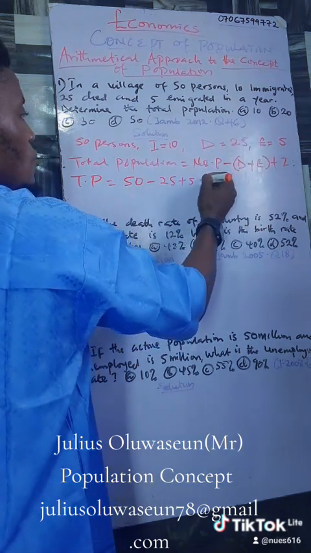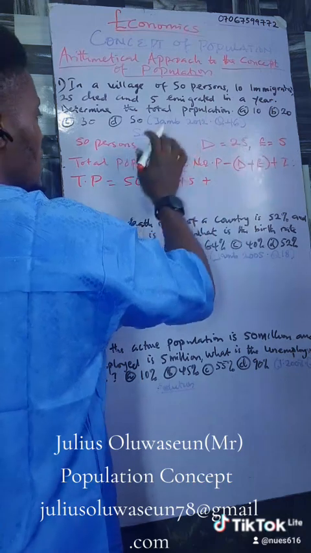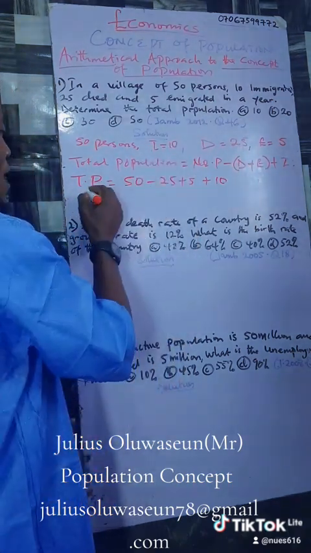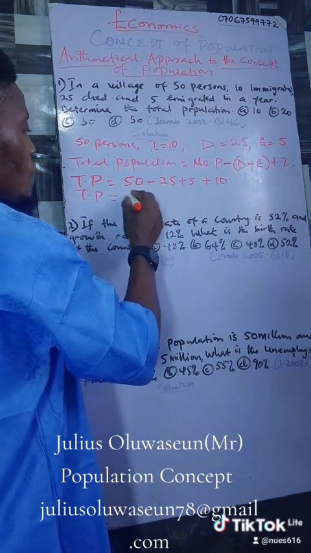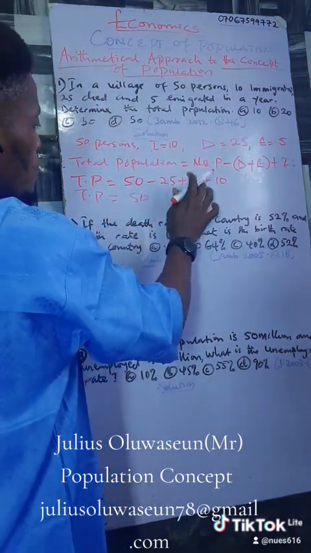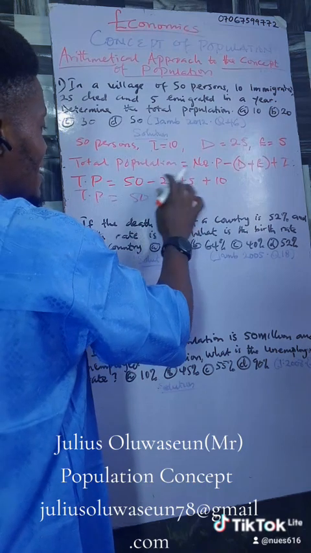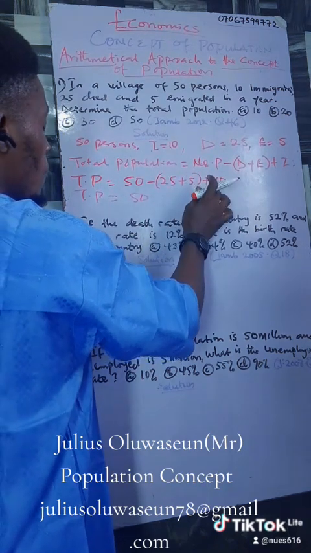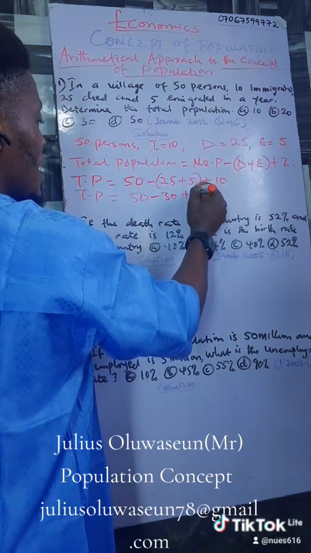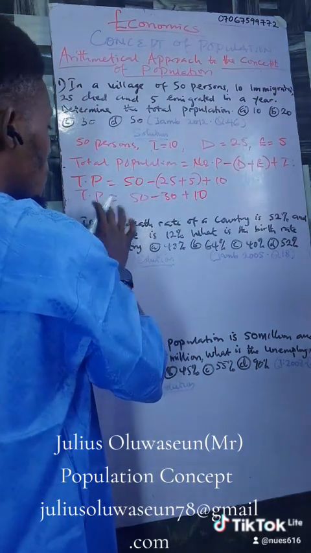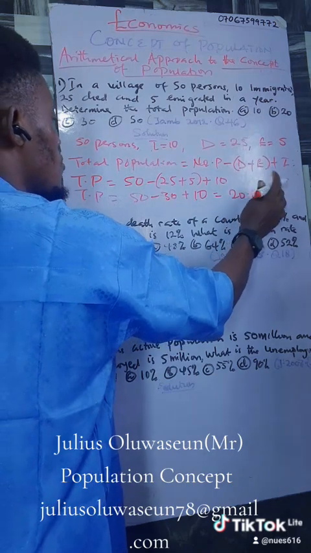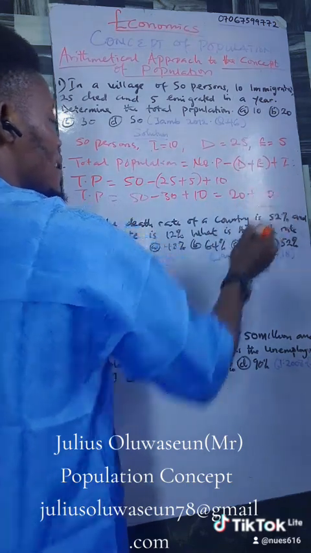So we now have plus the 10, which is immigration. So we have our total population to be 50 minus, 25 plus 5, that is 30. By the time you open the bracket, that is 50 minus 30, plus 10. All right, so the total population will be 50 minus 30, which is 20, plus our 10.